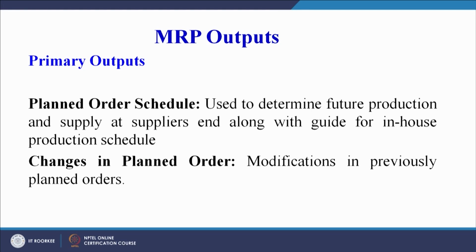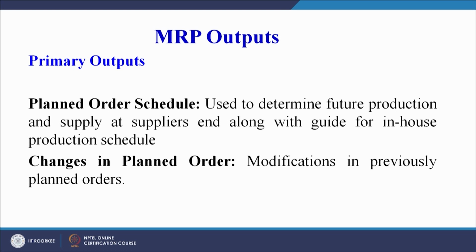Now let us see one by one the outputs that the MRP system will generate. Primary outputs: planned order schedule. This is used to determine the future production and supply at suppliers, along with a guide for the in-house production schedule.